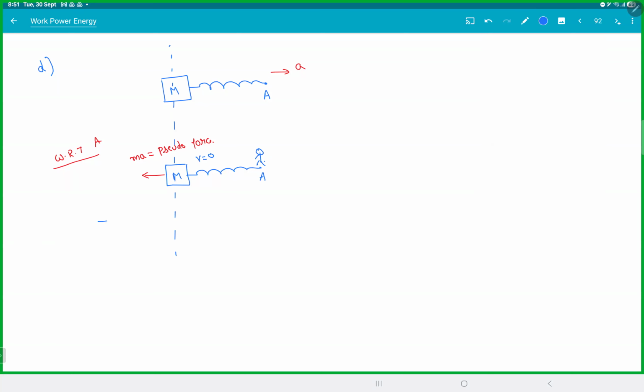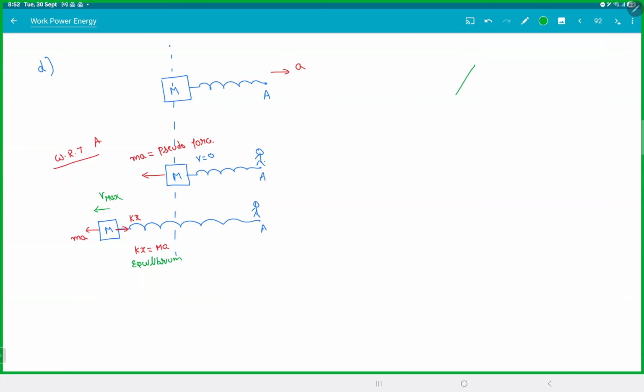The block will keep moving, M. This is point A. At some point, understand one thing, at some point, your Kx becomes equal to MA. But don't forget, by now, the body must have gained maximum speed. We will talk about this in more detail in one more question. But this thing won't stop at the mean position, isn't it? This is your equilibrium position.